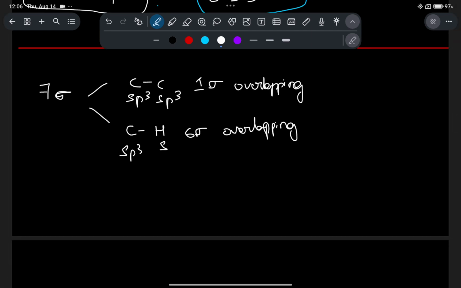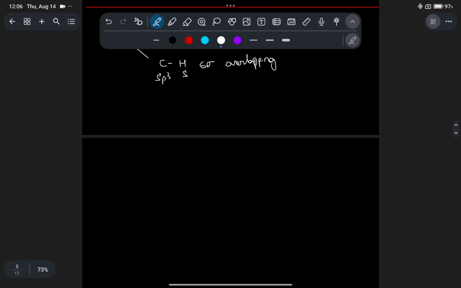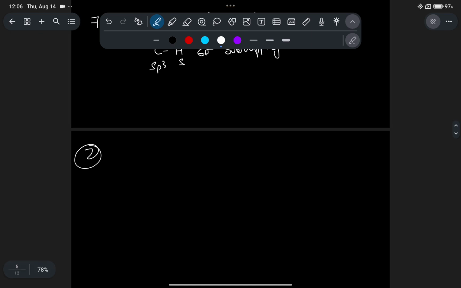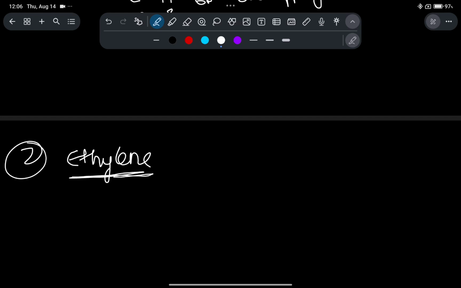So shall we take one more example and close this session? Example 2: ethylene, C2H4.